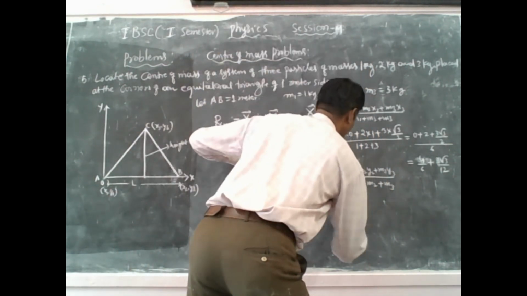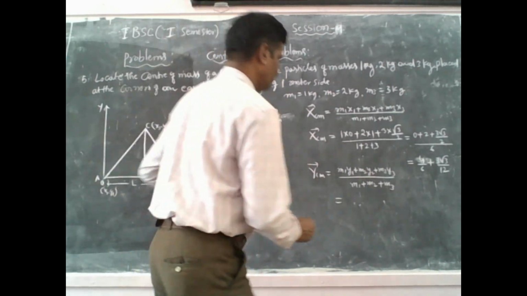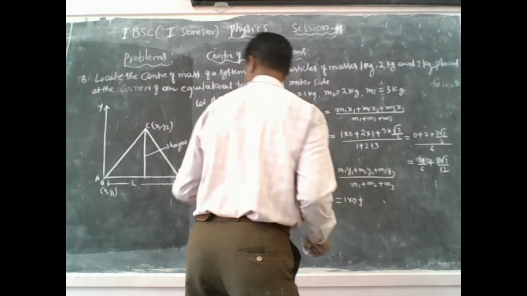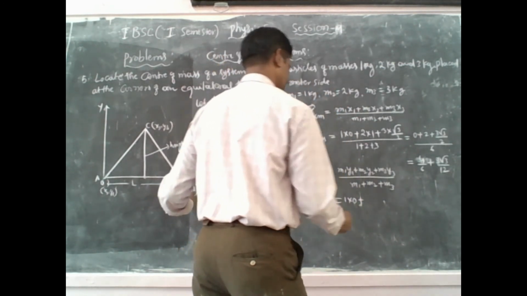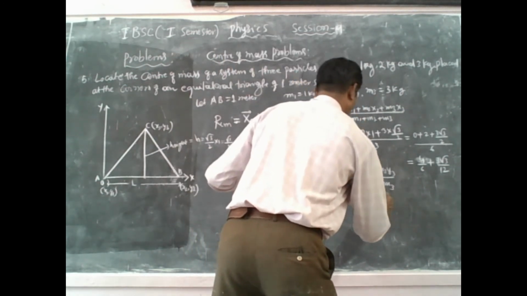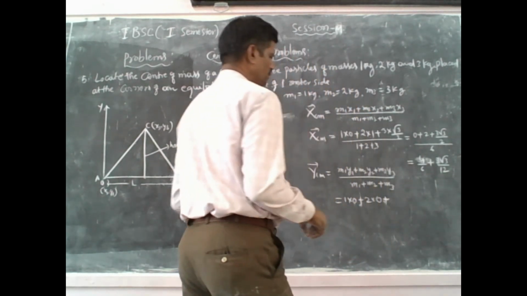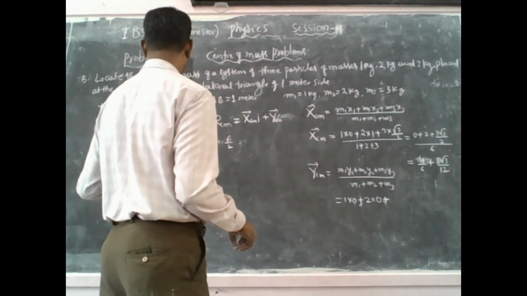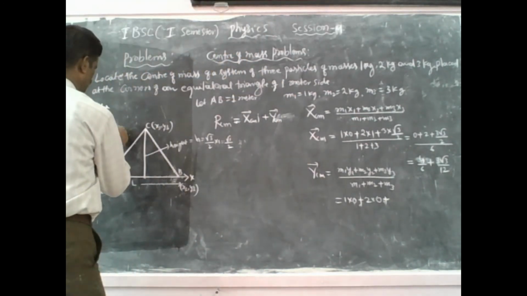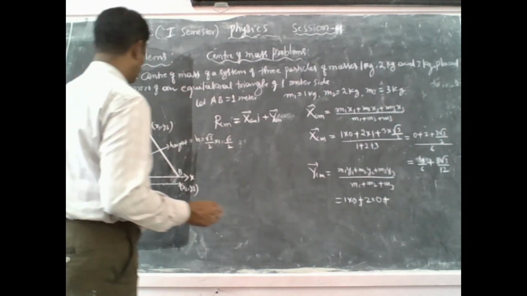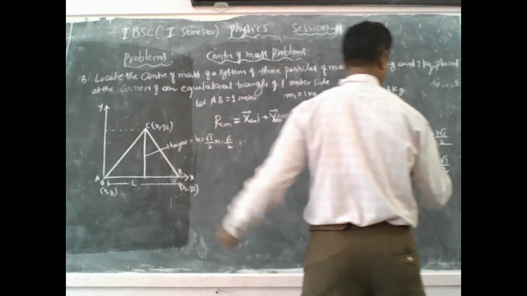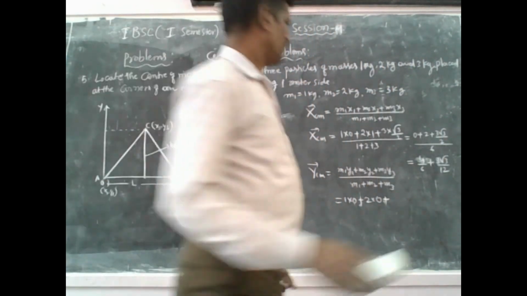That is equal to M1 equals 1 kg, Y1 is equal to 0, into 0, plus here M2 equals 2 kg and Y2 is also 0, plus M3 Y3. Here M3 is equal to, here I have made a mistake here.